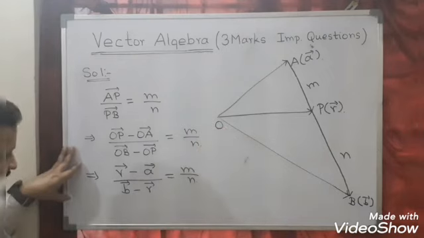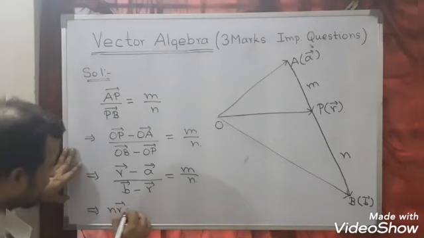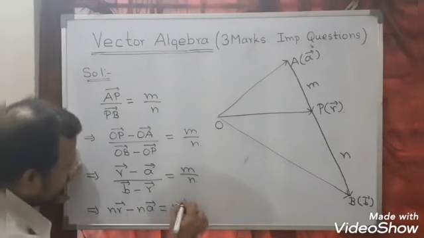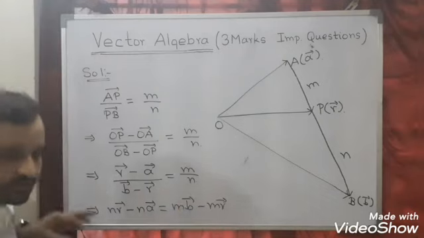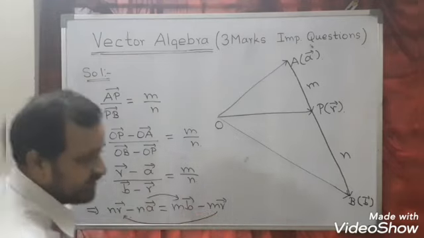Now cross multiply. So when you cross multiply, what you will get? n r minus n a is equal to m b minus m r. So what I am doing here is shifting this m r here and this n a here.